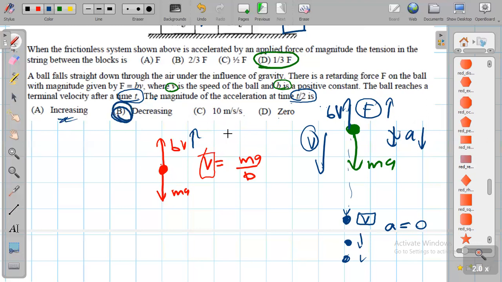Because as it falls downward, the velocity increases. When the velocity increases, the resistive force increases. As the resistive force increases, the resultant force reduces. When the resultant force reduces, the acceleration reduces.